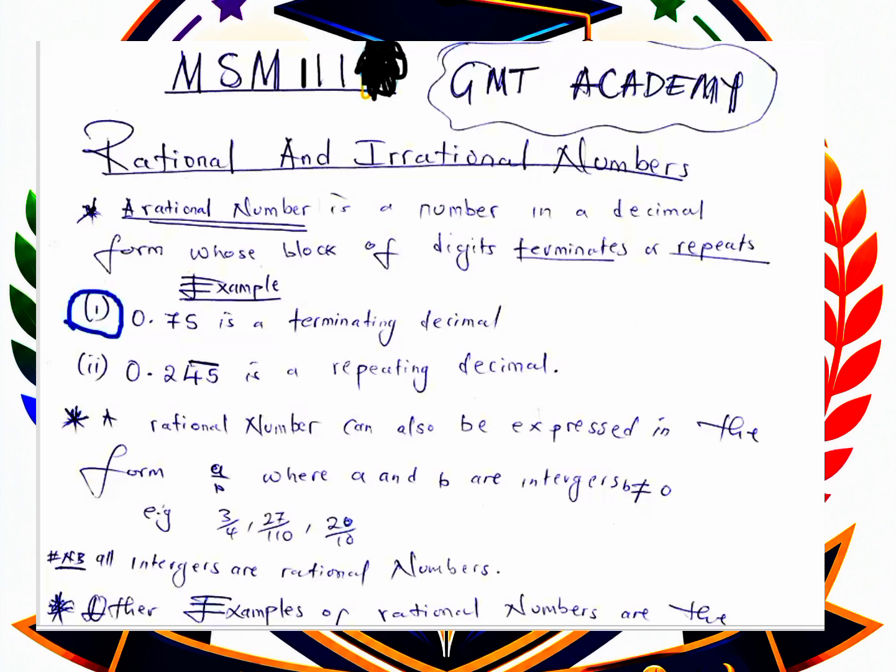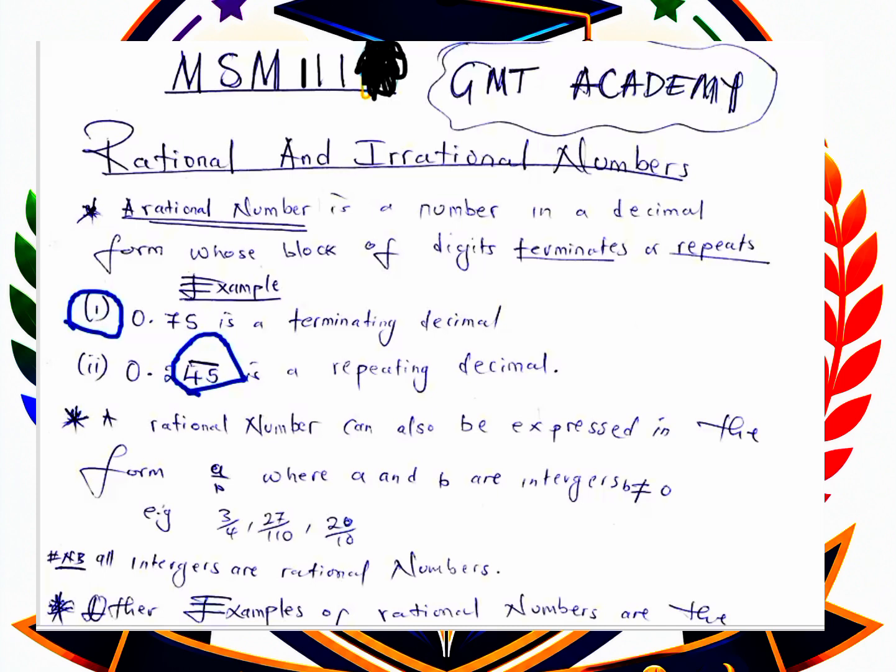Then the other example, we have 0.245, and as you can see, on top of 4 and 5 we have a bar. That bar is telling us that the decimal number is a repeating decimal, right? So what does it mean? If a number has a repeating decimal, it simply means that the 4 and 5 keep on repeating, and it has no specific ending point.